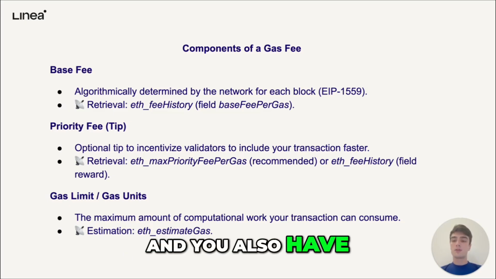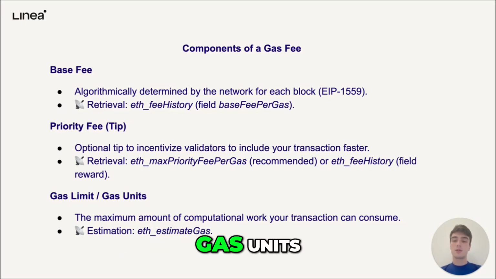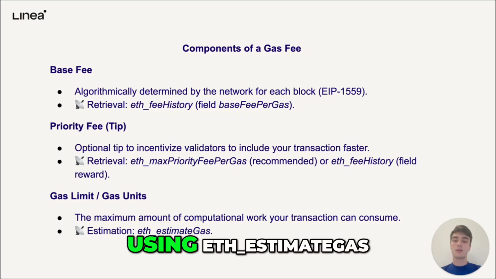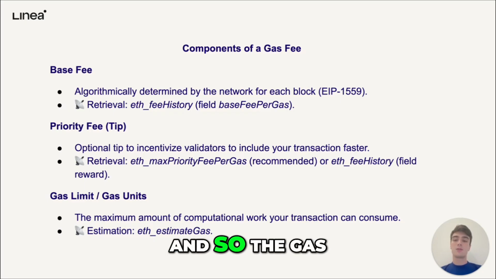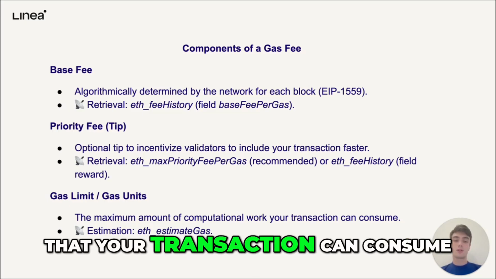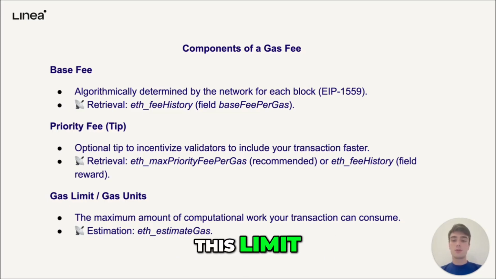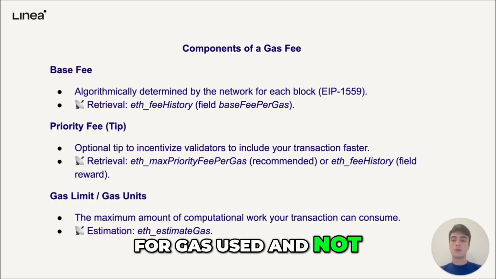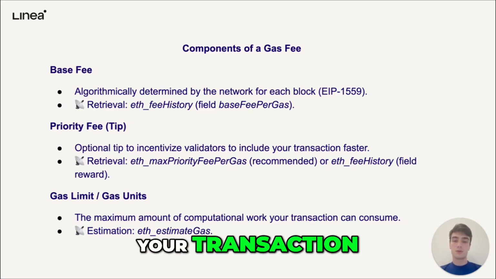And you also have the gas limit, in units, that you can get using ETH estimate gas. The gas limit is the maximum amount of computational work that your transaction can consume. You can increase this limit if you want, because you will only pay for gas used and not for the gas limit that you input in your transaction.